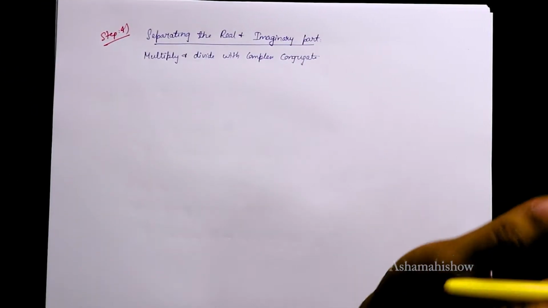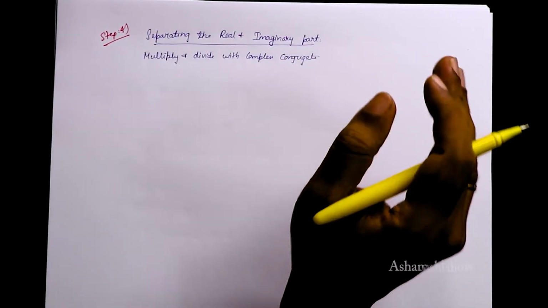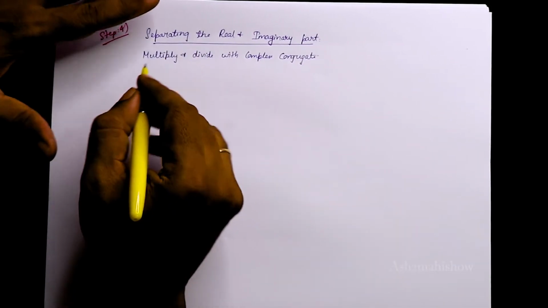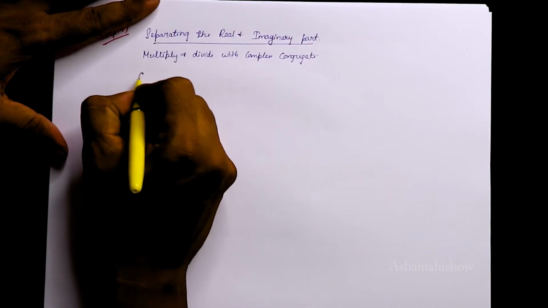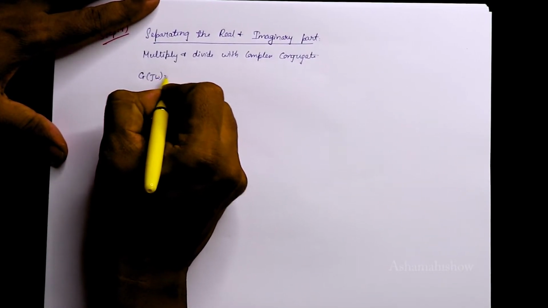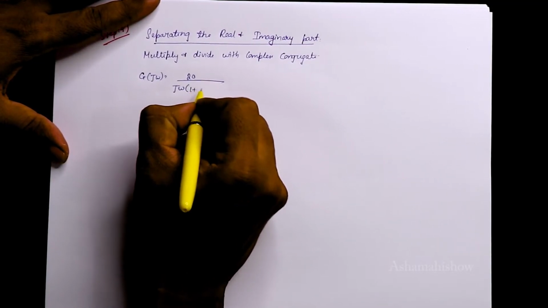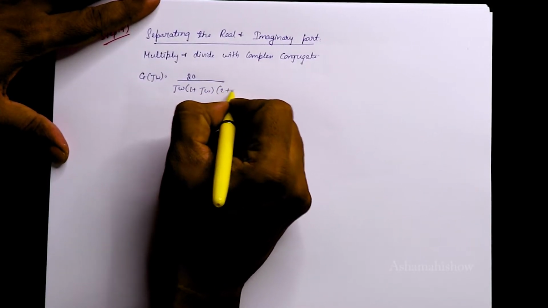Now let us go to step number 4. Step number 4 is separating the real and imaginary part. For this, you need to multiply and divide with the complex conjugate. Let us take the equation we got: G of j omega is equal to 20 by j omega into 1 plus j omega into 2 plus j omega.